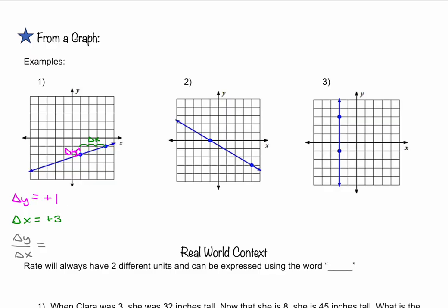In this case, we went up and then we went to the right. So my change in y is a positive 1, divided by my change in x, which is positive 3. Well, positive 1 divided by positive 3 is just 1/3. So our slope is equal to 1/3.